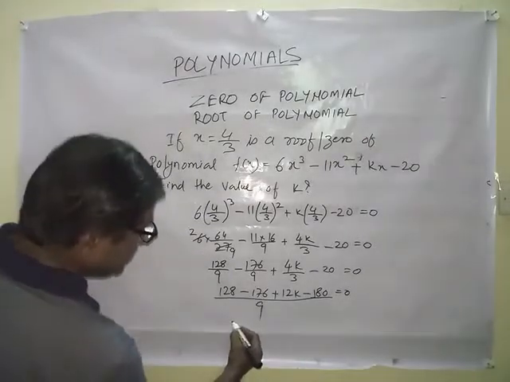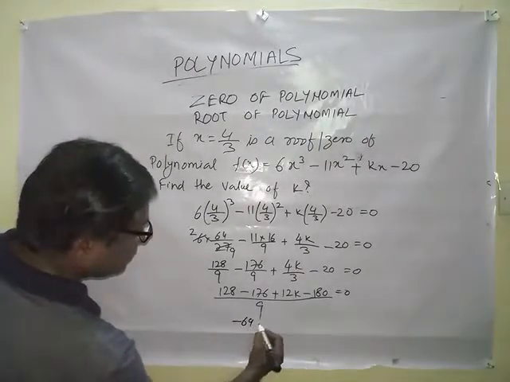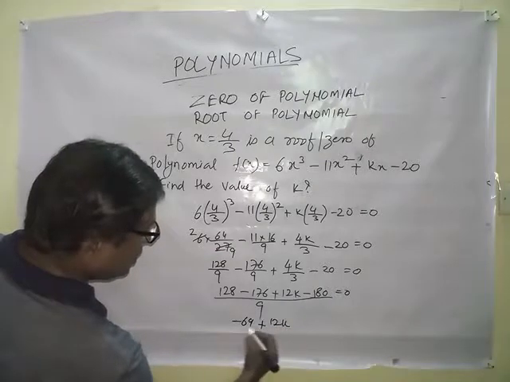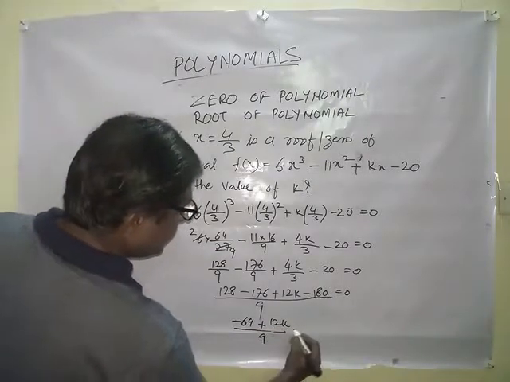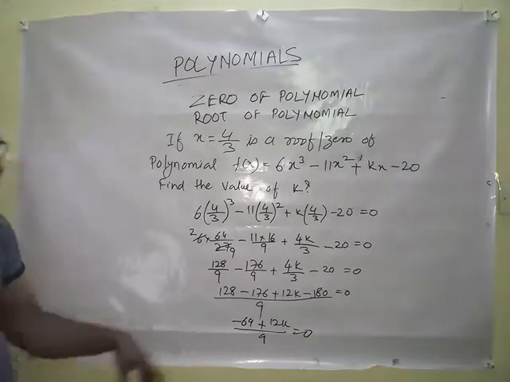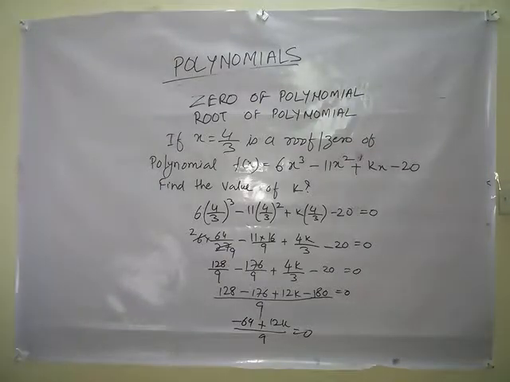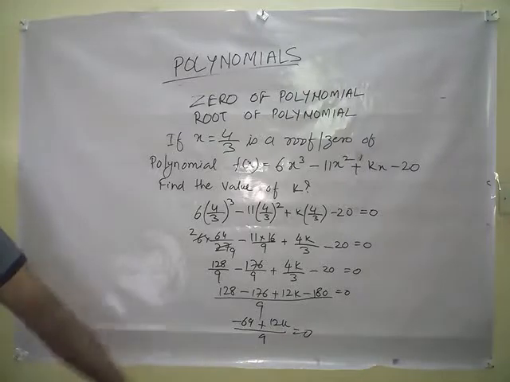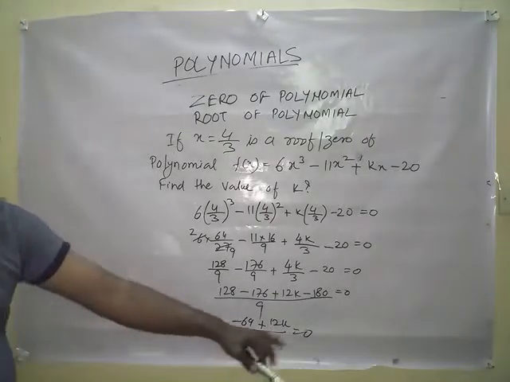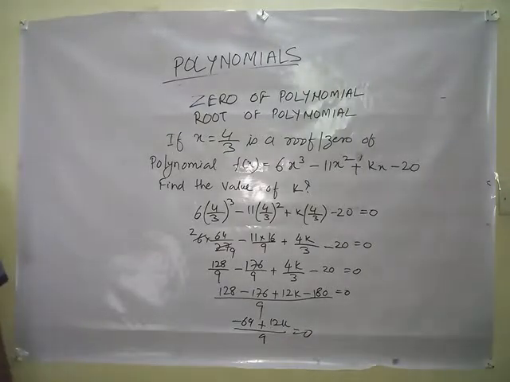It is minus 69 plus 12k upon 9 equal to 0. By solving this equation, you have to find out the value of k here.